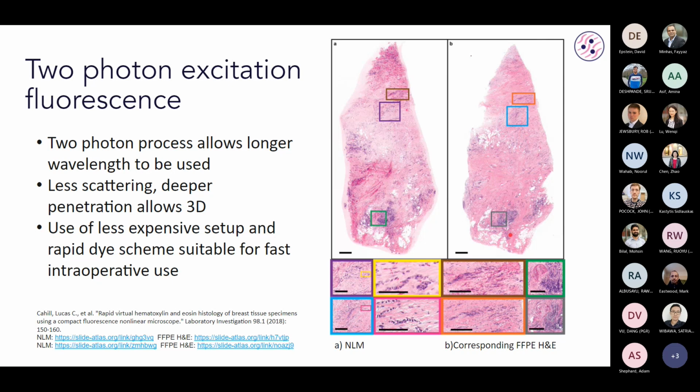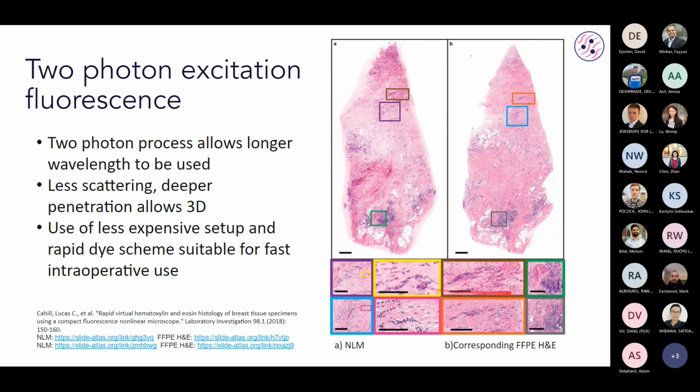So again, here are some example images where on the right you have the sections stained with H&E, so FFPE stained with H&E, and on the left are the images using this fluorescence method and virtual staining to reproduce.